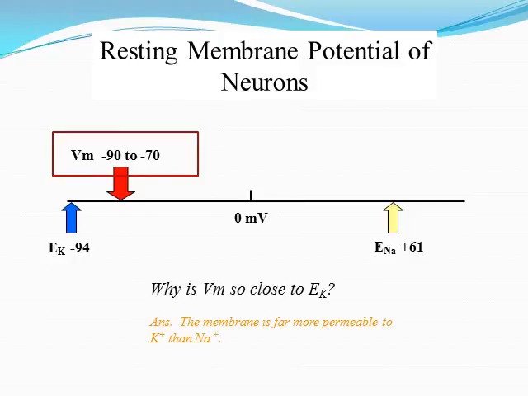So if membrane potential is based off of the concentration and the permeability of ions, then by looking at this, I hope that you can see, well, neurons must be much more permeable to potassium than to sodium because the membrane potential is so close. Basically, it's easier for potassium to move down its electrical concentration gradient and get closer to reaching its Nernst potential than sodium, and so we get a resting potential of -90 to -70.